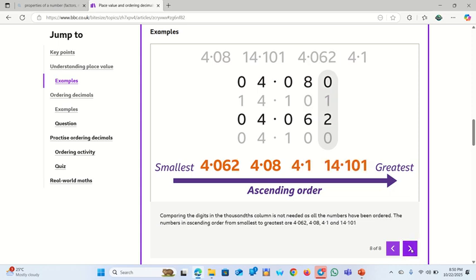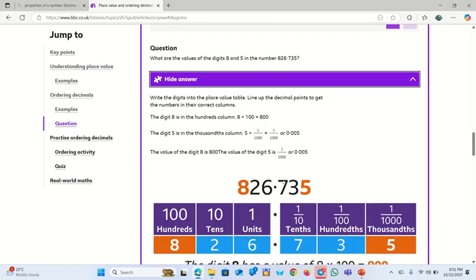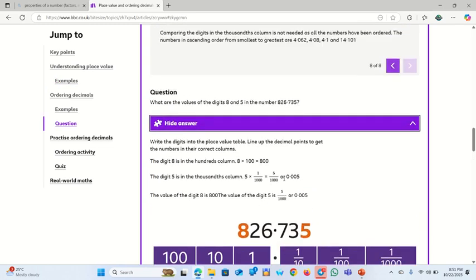Then we move to the right, and we have the final one. So 4.062 is the least among all of them. And that's what the explanation is all about.